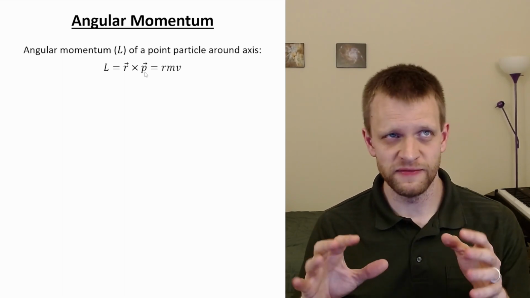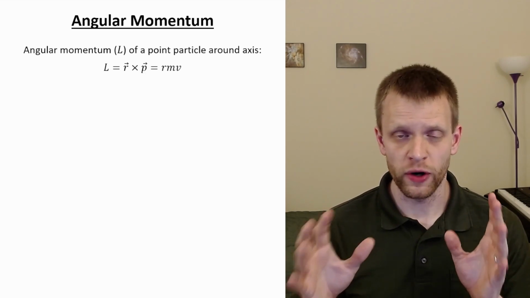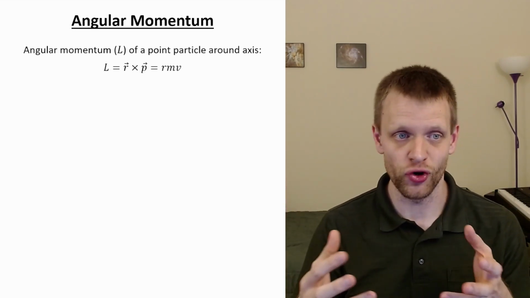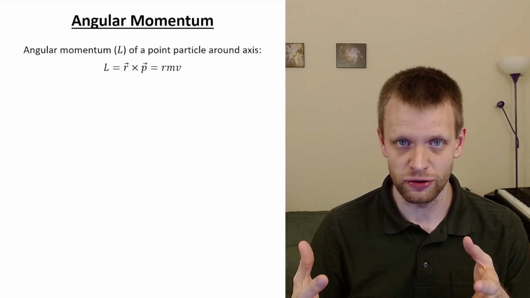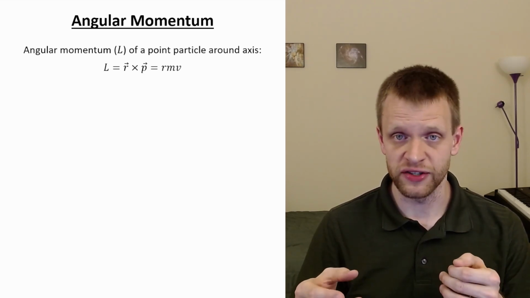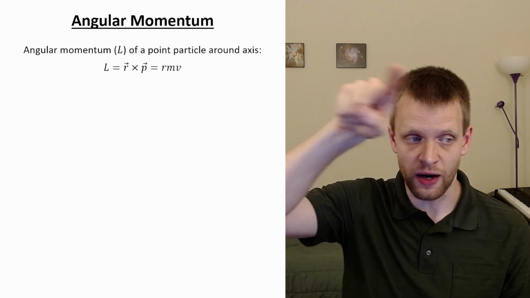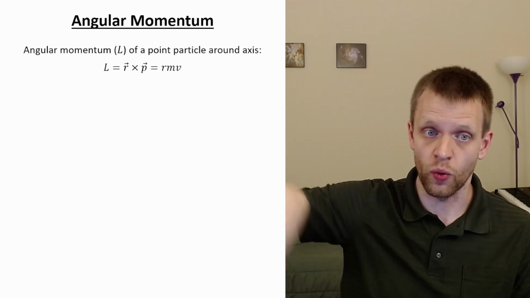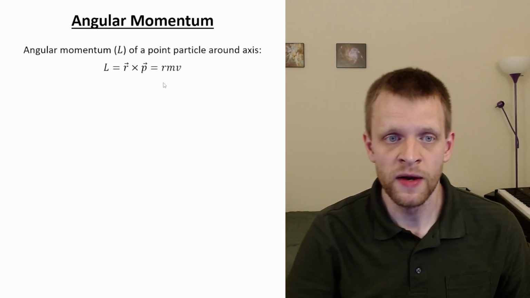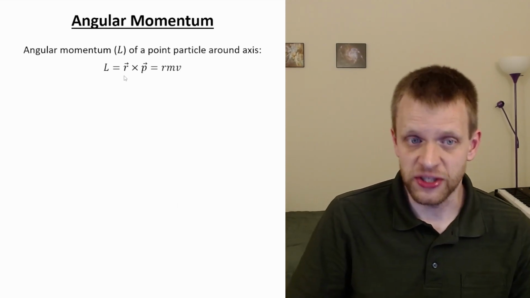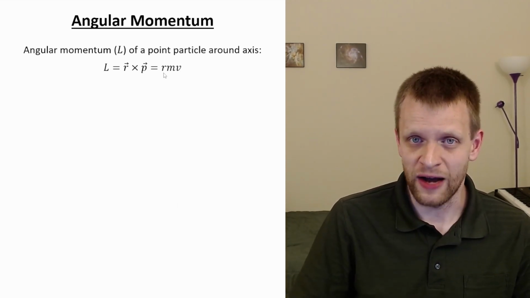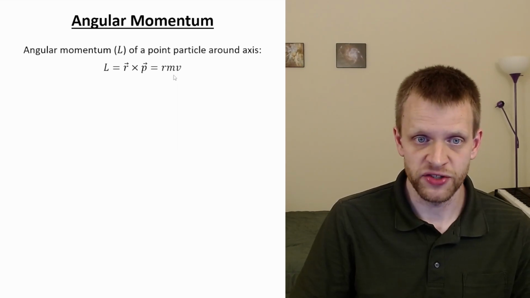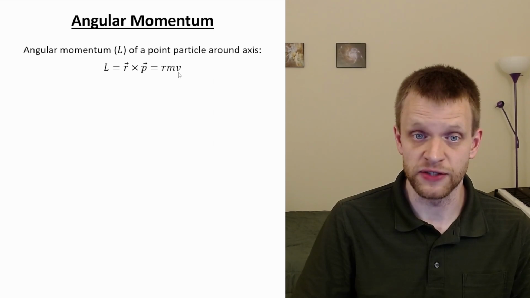Now, for simplicity, we're going to just say I'm dealing with rotations just in a plane. We're not going to worry about the full vector version of angular momentum, other than to just say we can have motions that are counterclockwise around the axis and motions that are clockwise around the axis. So we can simplify this to how far you are from the rotation axis at the closest point of approach times the mass of the object times its velocity.